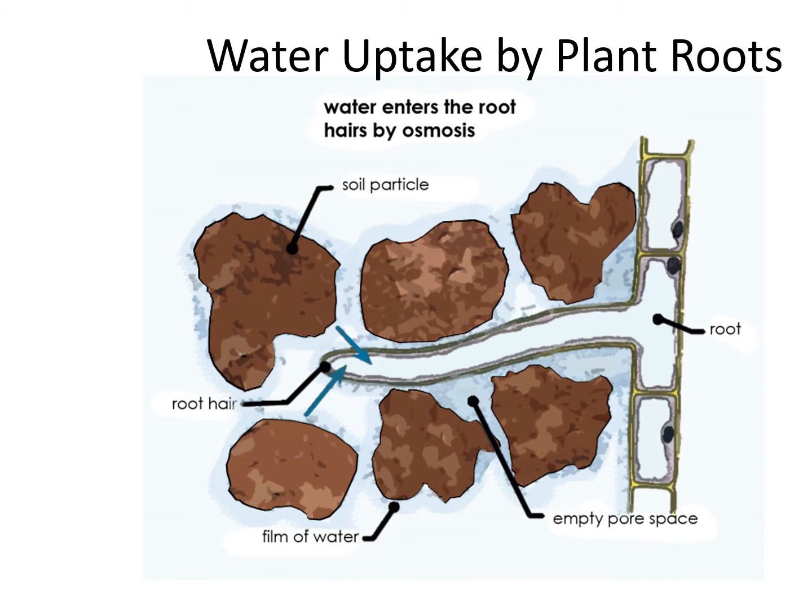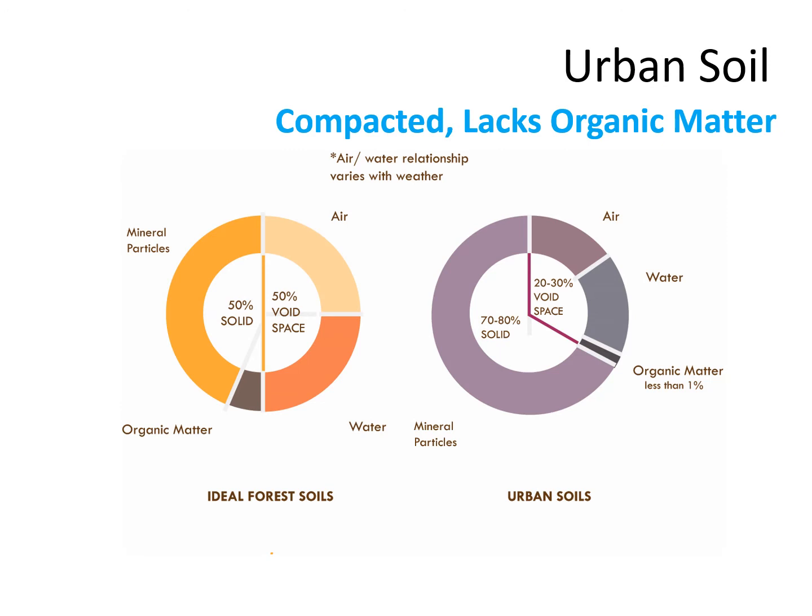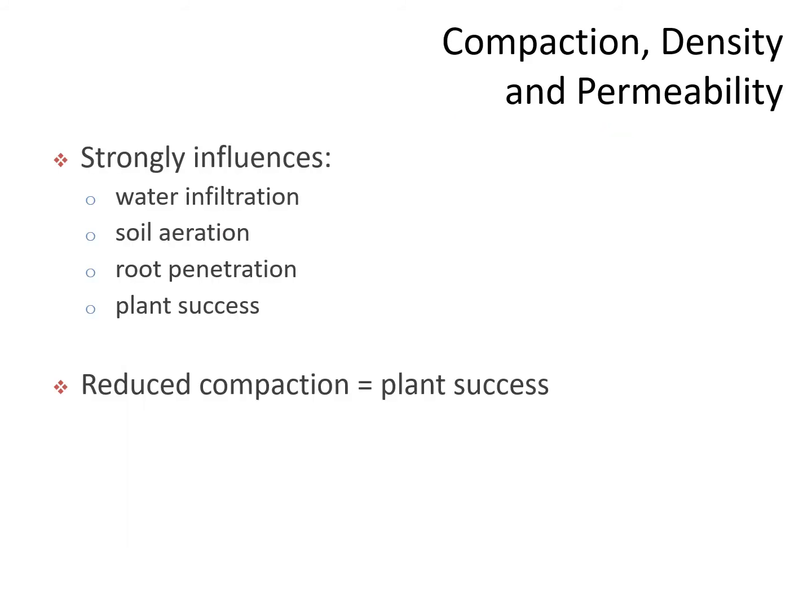Urban soil tends to be compacted. It's lower in organic matter, and it lacks this void space of air. You can see about half the air is in the soil in a compacted urban soil than in a forest soil. So that is a challenge in our region, to get our soil uncompacted.